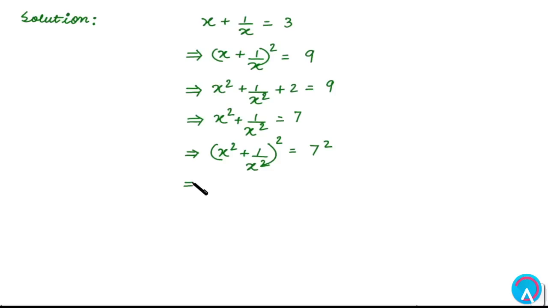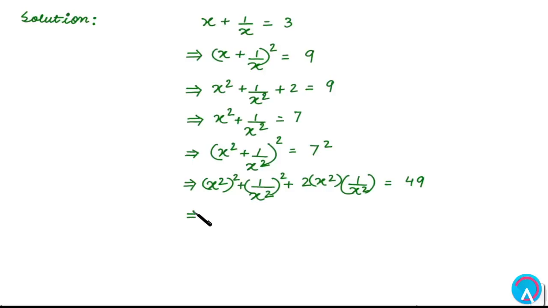So this implies x square whole square plus 1 by x square whole square plus twice x square multiplied by 1 by x square equal to 49.